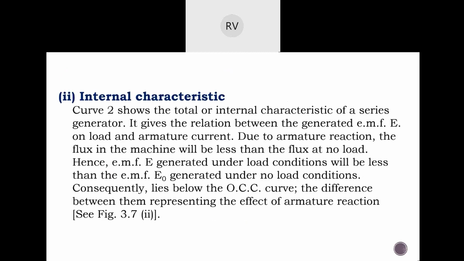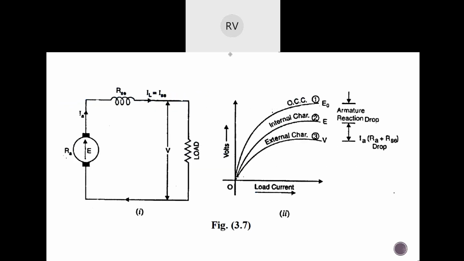So let's see what is internal characteristics. Curve 2 shows the total or internal characteristics of a series generator. It gives the relation between the generated EMF E on load and armature current. Due to the armature reaction, the flux in the machine will be less than the flux at no load. So you need to understand these slight differences.